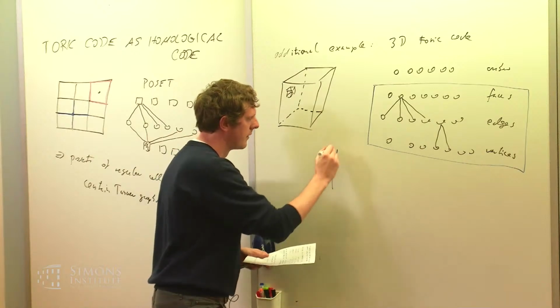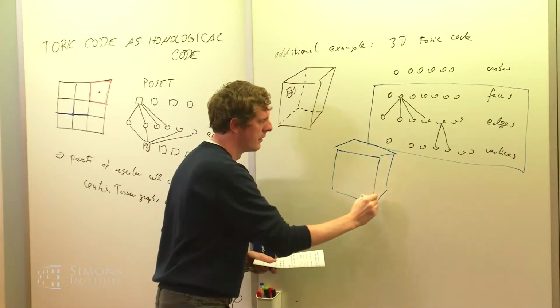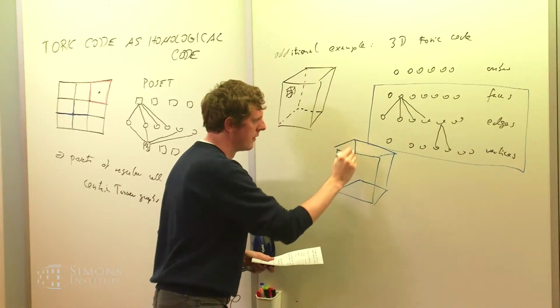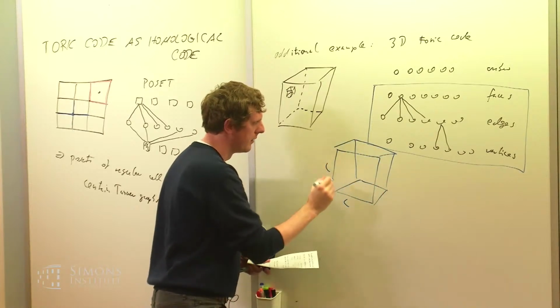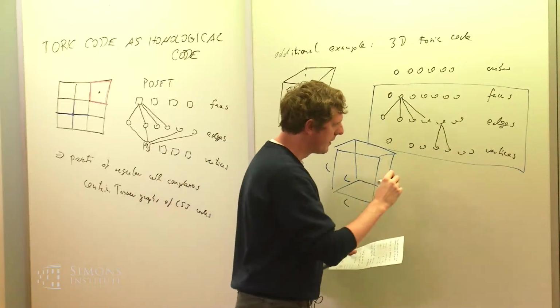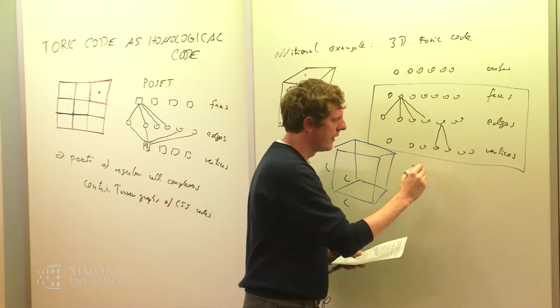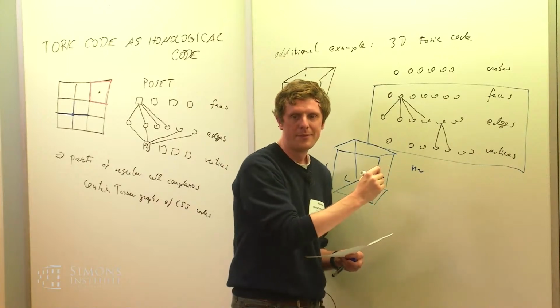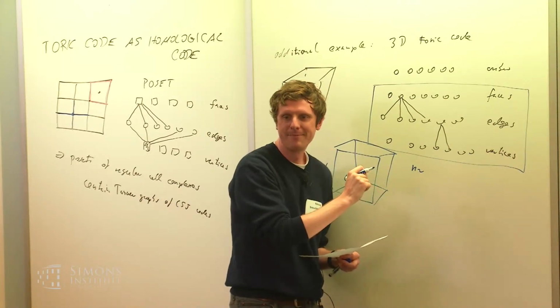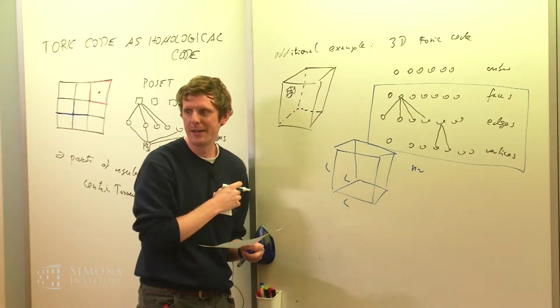Let's say we have an L by L by L lattice. Then I hope you can believe me that the number of edges in here will scale as what? How many edges will be there in this L by L by L?